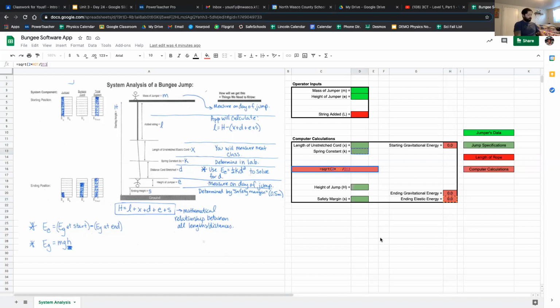And then once you enter it, it's going to show you an error message at first because you're dividing by your spring constant, but we don't have anything for spring constant yet. And you can't divide by 0. So it's going to give you this weird division by 0 right now. Don't worry about that. That will change once we enter data.